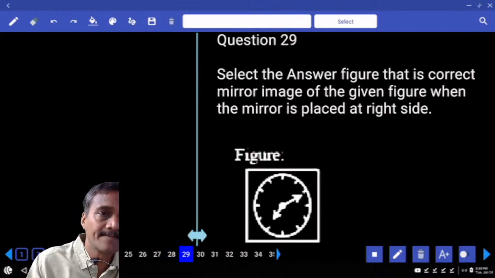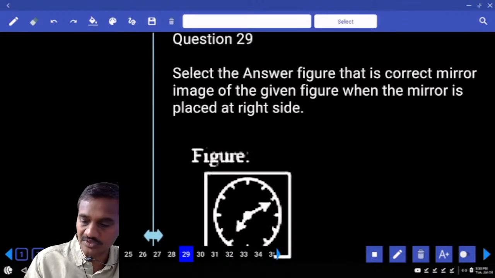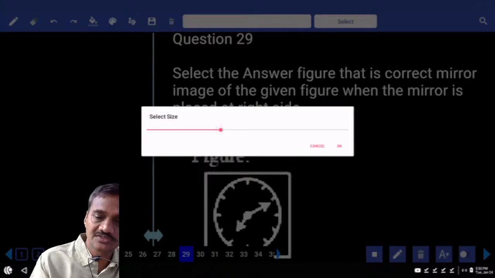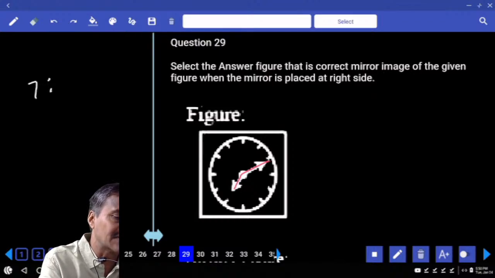Now we need to find out the mirror image of this one. Clocks. What is the time given in this one? The time is 7:10.